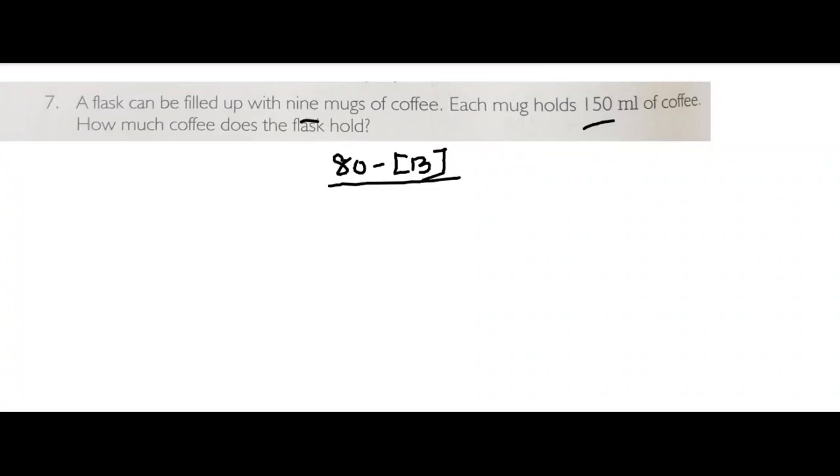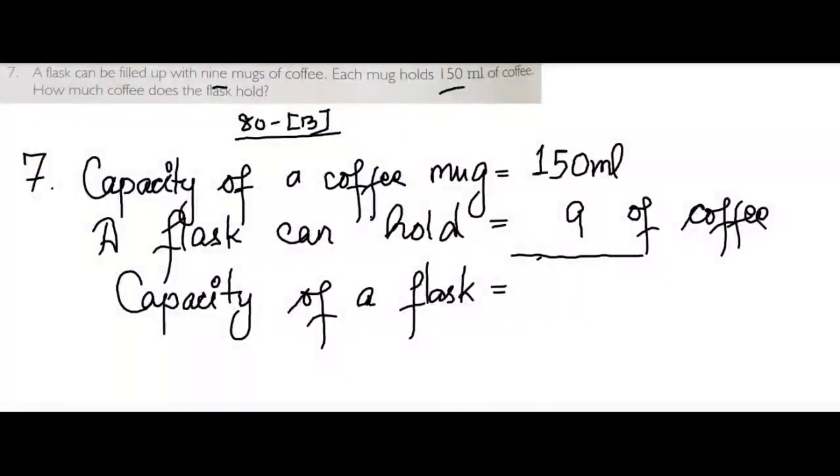So let us first write the statement. Children, I have written the statement. Number 7: capacity of a coffee mug equals 150 ml. A flask can hold 9 mugs of coffee. So for the capacity of a flask, I have told you to multiply 150 with 9. Let us start multiplying. 9 zeros are 0, 9 5s are 45, so 4 I will write at the top and 5 I will write here. 9 1s are 9 plus 4 is 13.